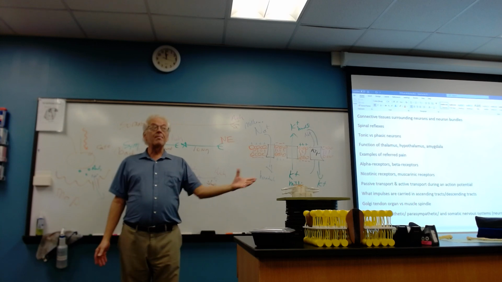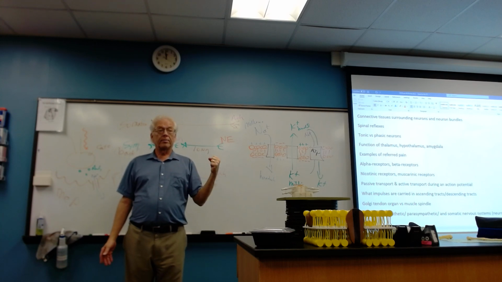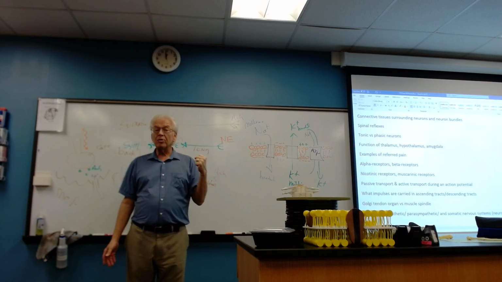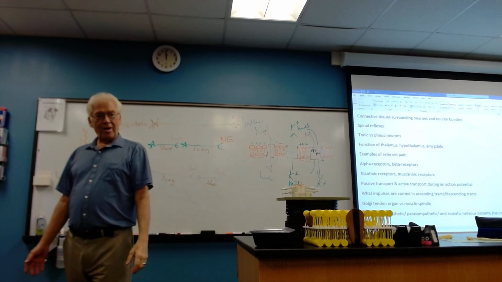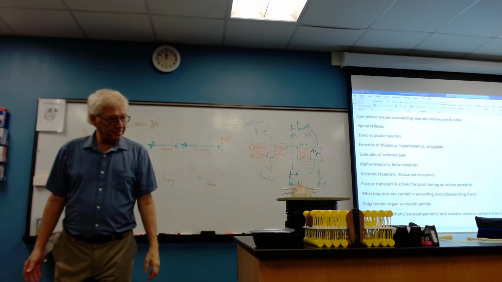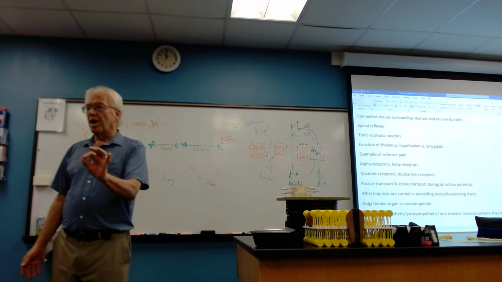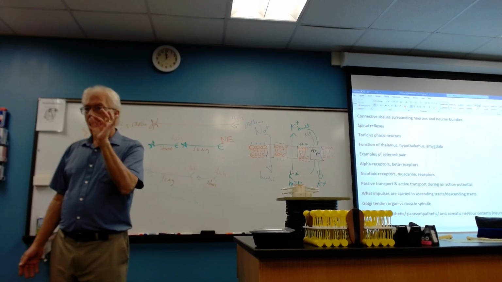Am I going to make my muscle contract? Am I stimulating my muscle or turning it off? Stimulating. So, what kind of receptor would it be? Nicotinic, 100% all the time.